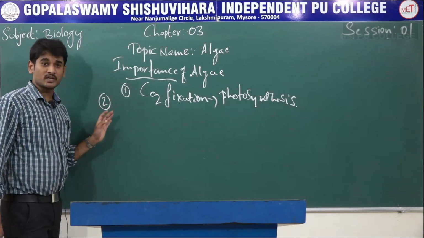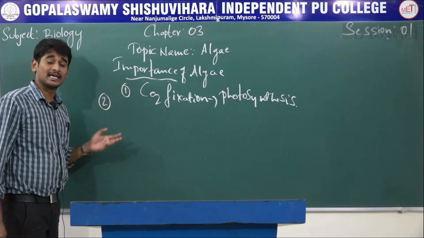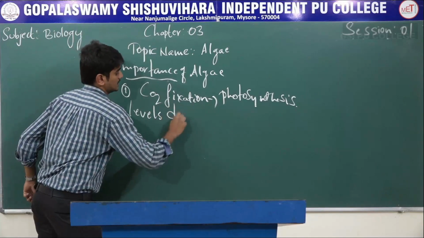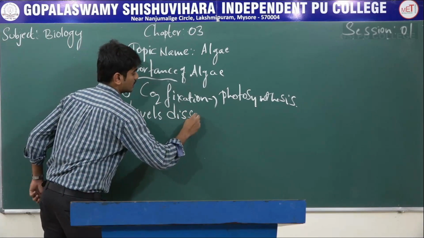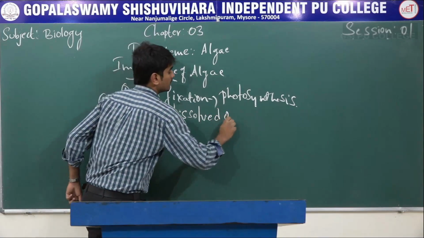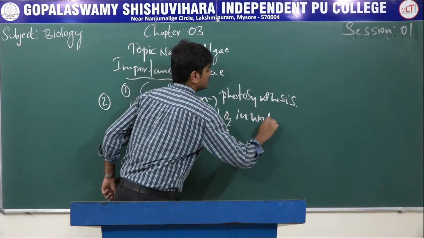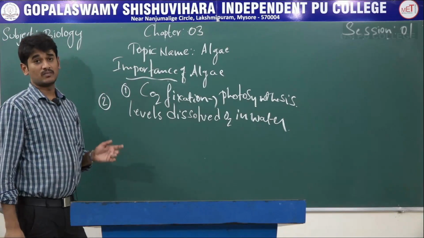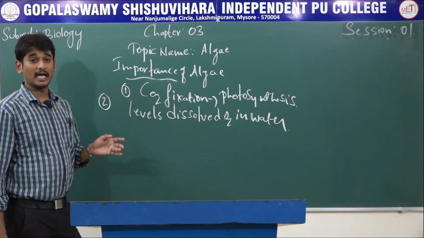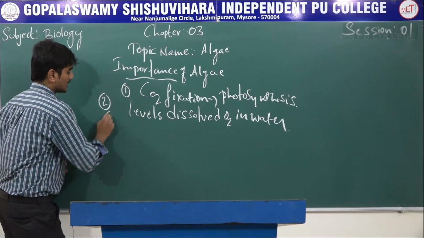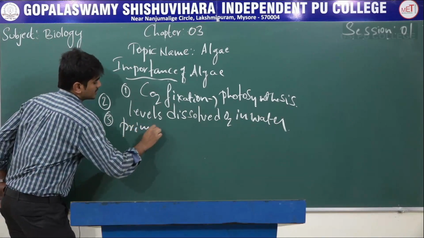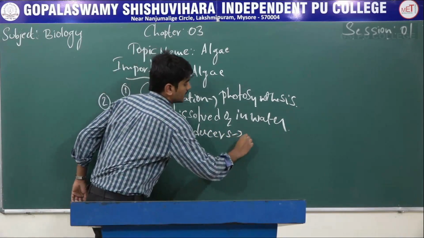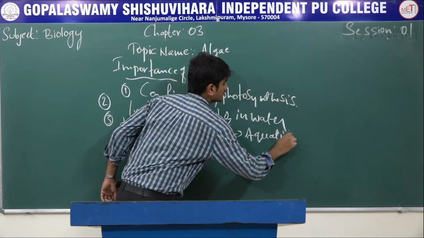And by photosynthesis, algae increase the levels of dissolved oxygen in water. And algae are the primary producers in aquatic habitats.